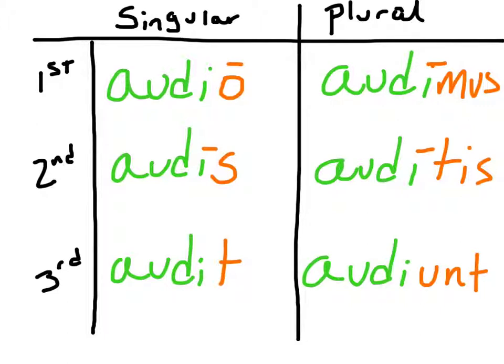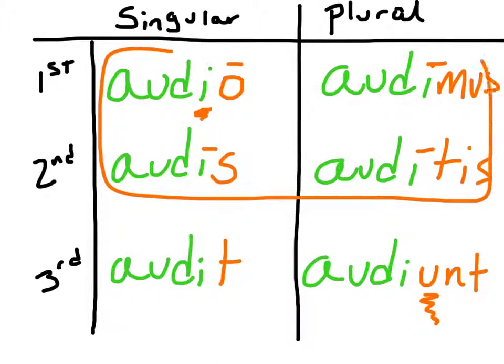One, you'll notice that the vowel, the I, stays here, whereas in paro, the A did not stay in the first person singular. The I is there now. You'll notice that there's the weird U hanging out there. So those are a couple of things. Once again, you'll notice that all four of the first and second person forms have that long vowel in them. Here it's the O in the first person singular, and then it's the I everywhere else.